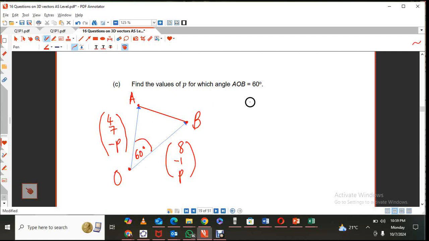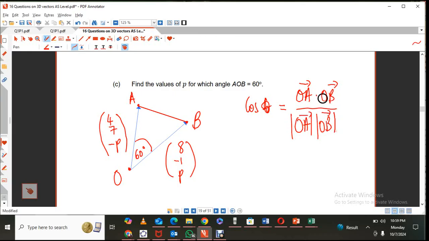Now we know from our formula that cos theta is equal to, very important, OA dotted with OB, all over the product of the magnitudes of these vectors.